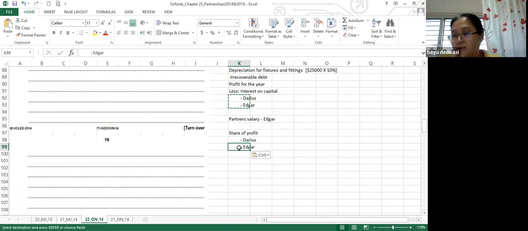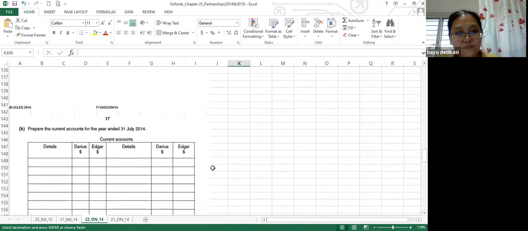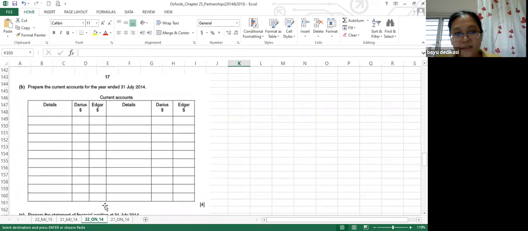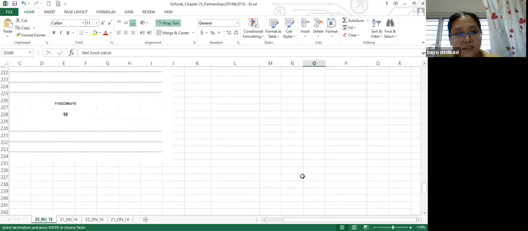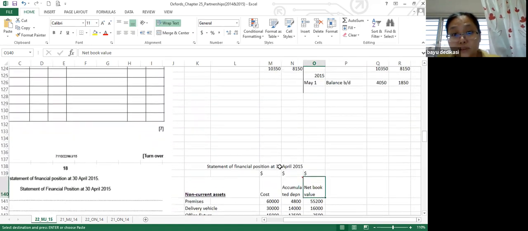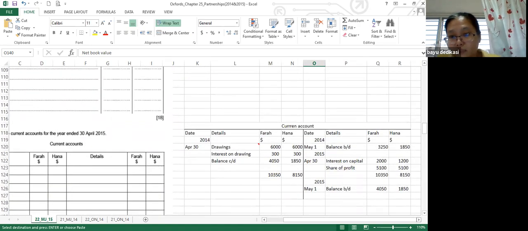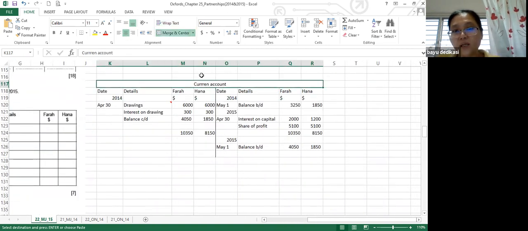Okay, next one, the current account. Here, same thing, current account. The positions are fixed. Just now, Diana asked how to prepare the current account. So the positions are fixed.